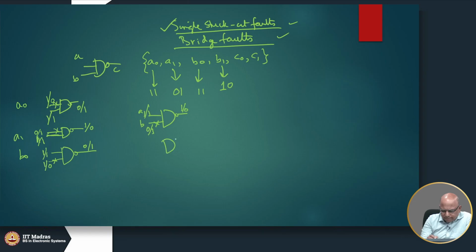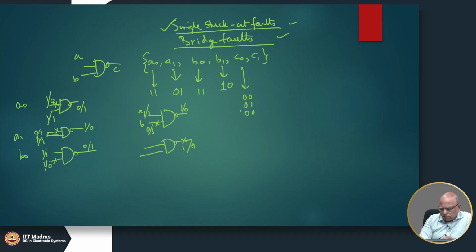C0, so we want the faulty circuit to produce a 0, but a good circuit to produce a 1. So, we have several choices. We can apply either 0 0 or 0 1 or 1 0.